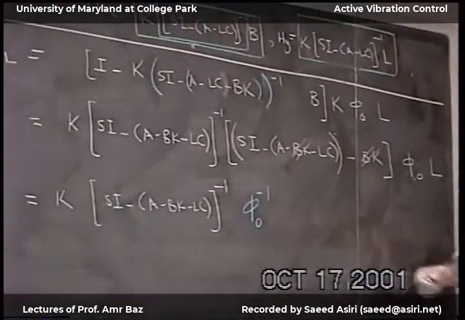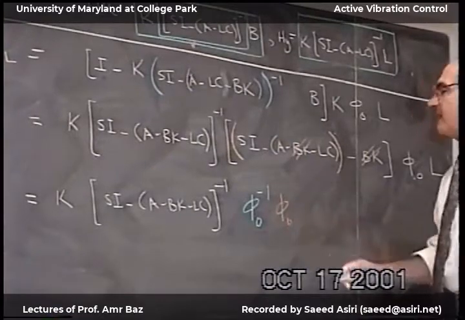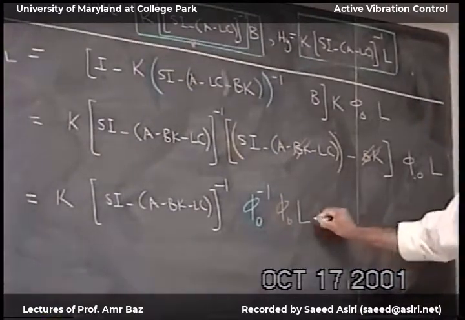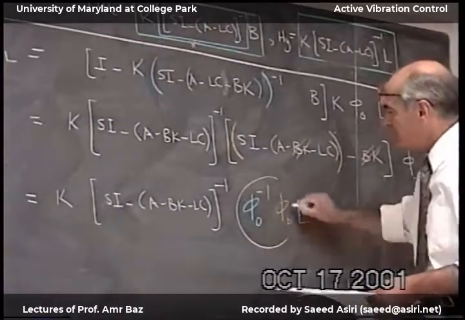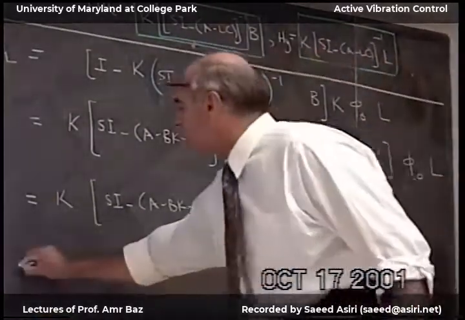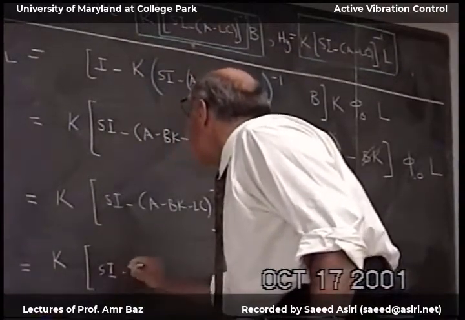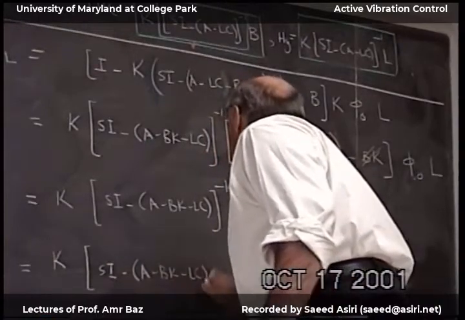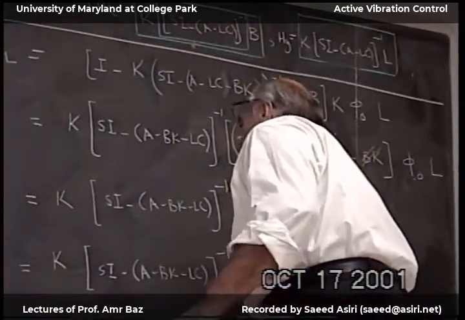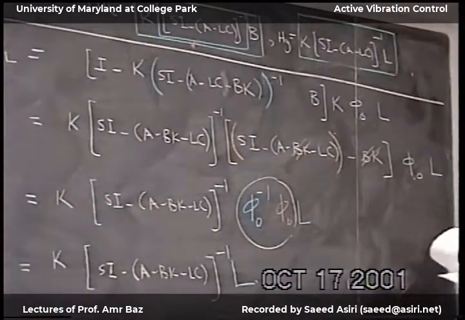So without the inverse will be this, and then we have phi0, and then we have L. Okay, so these two will drop out, and this will equal to K SI inverse and L.